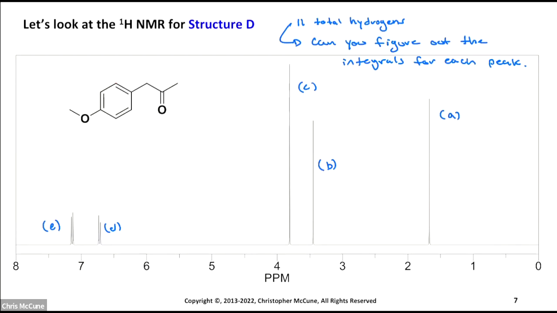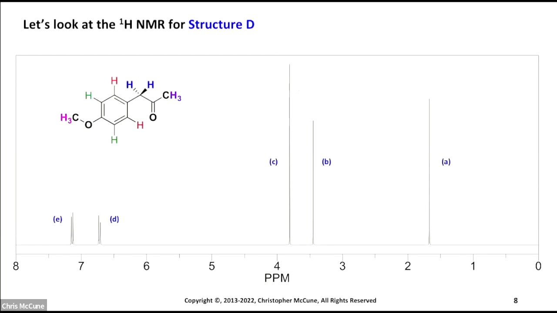All right, so here's the structure. Once again, I've drawn in all the hydrogens. I'll let you figure out what peak is which, assign that, and then I'll be solving this later on in a different video. So I'll assign each unique signal to each set of hydrogens, A, B, C, D, and E. And then you'll figure out what the integral for each peak is. The integral is the area under the curve, but it's just a relative number of hydrogens per each peak.